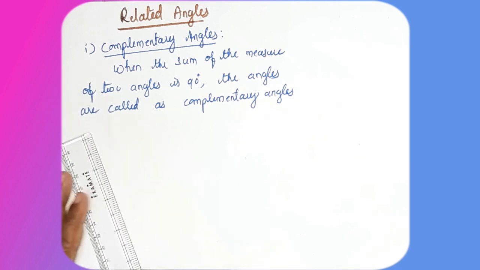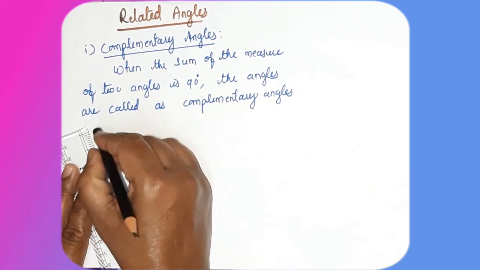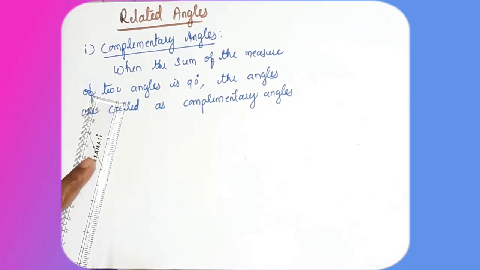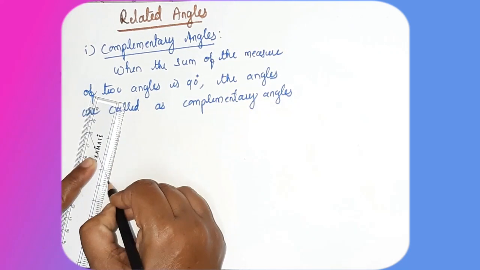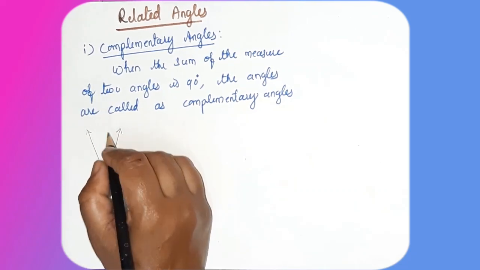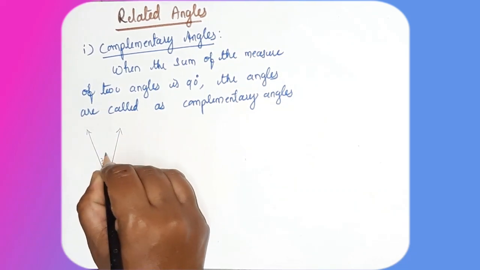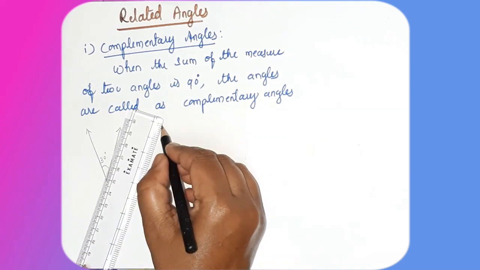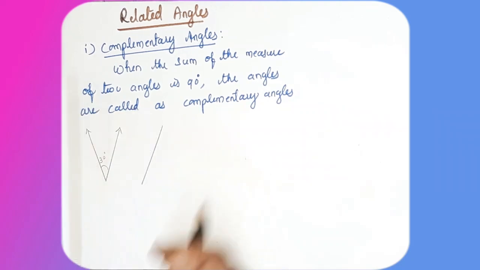For example, I will just draw and show you. If this angle is 30 degrees, not an exact measurement, roughly we just have to draw. This is 30 degrees, and suppose one more angle is 60 degrees.